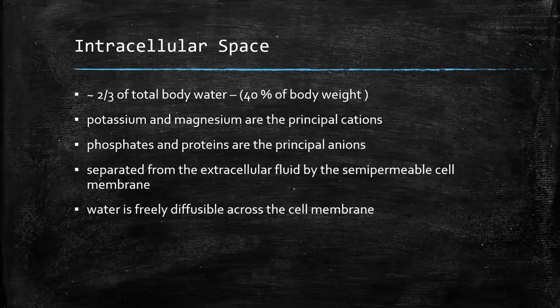And those differences in ionic compositions are based on this semi-permeable membrane, this sodium-potassium energy-dependent pump that works actively to keep sodium ions out of the intracellular space. But it is important to remember water goes everywhere. So water is freely diffusible across all cell membranes, and it follows its concentration gradient.